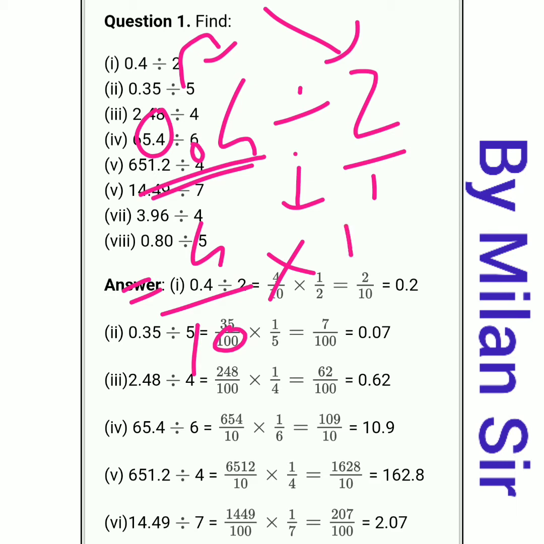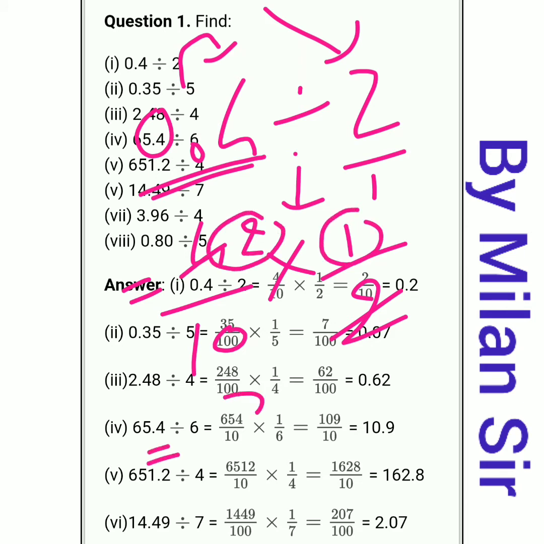So this 1 comes to the numerator and this 2 goes to the division. Okay, so alternately we get here multiplication, 4 by 10 multiply 1 by 2. Okay, we can cut this. 2 2s are 4. Okay, so in numerator 2 1s are 2 divided by 10.